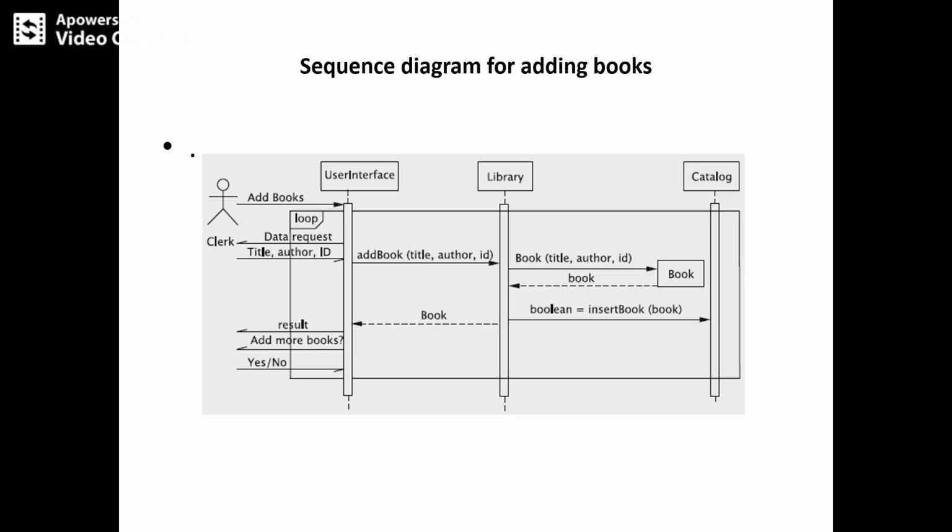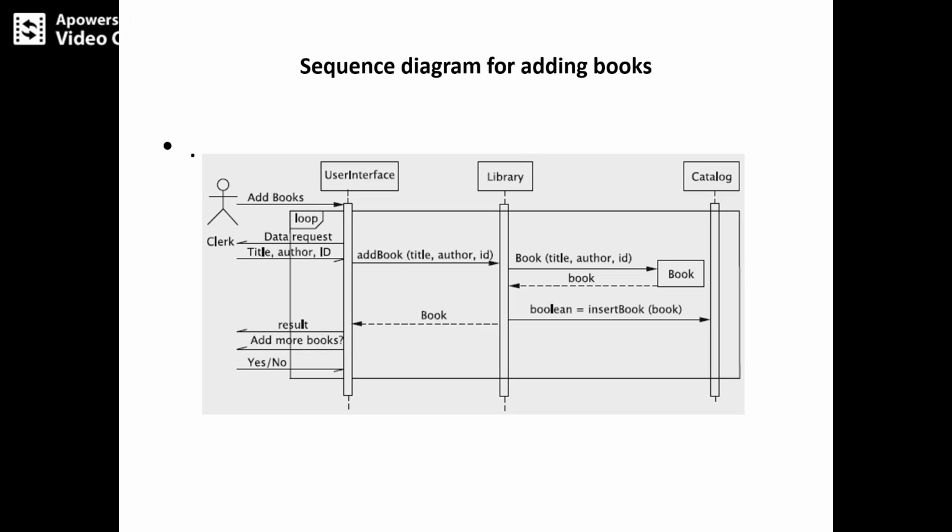Here the diagrammatic representation is similar: the user interface, followed by the Library class, and then one more, the Catalog, and the book is the object that we need to add to the catalog. So there is an add book data request.